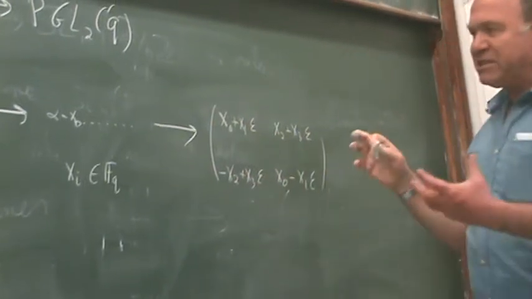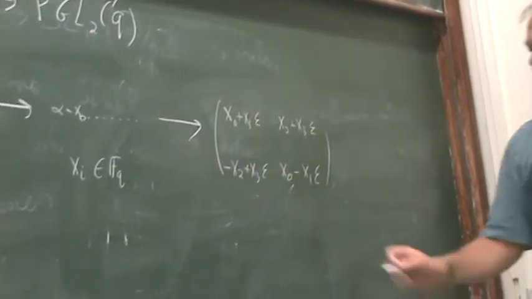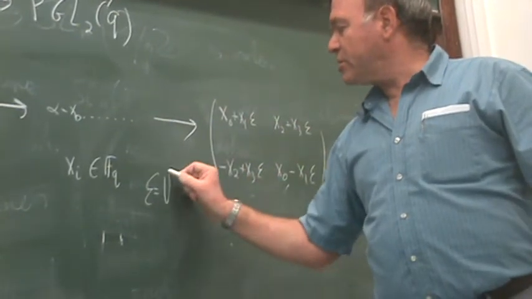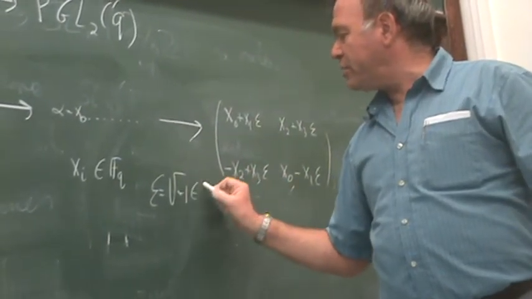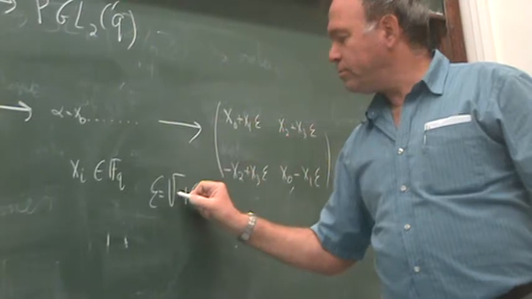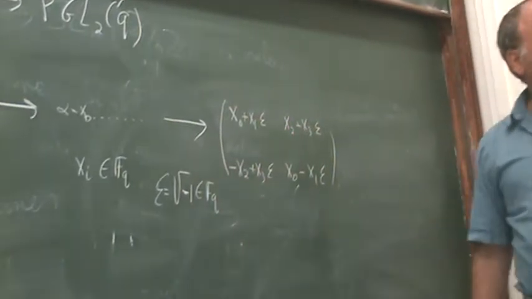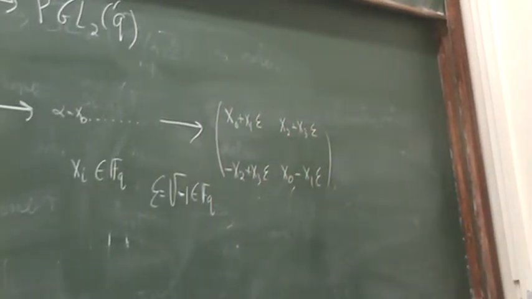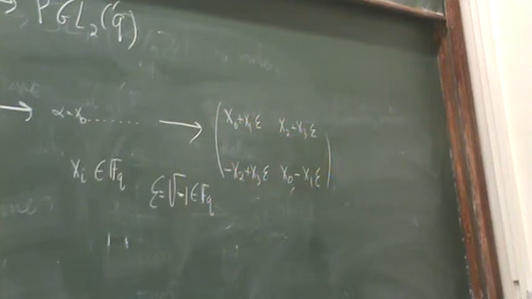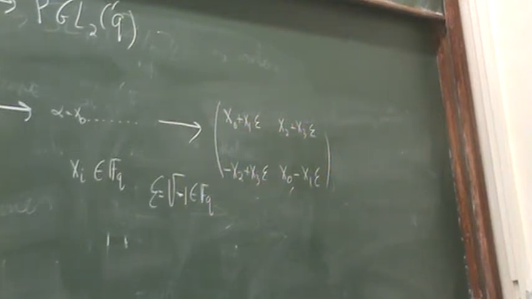You remember this is the splitting of the algebra when epsilon is the square root of minus 1 inside FQ. This is the way to split the quaternion algebra, to show that the quaternion algebra over the field FQ is isomorphic to the 2 by 2 matrices.